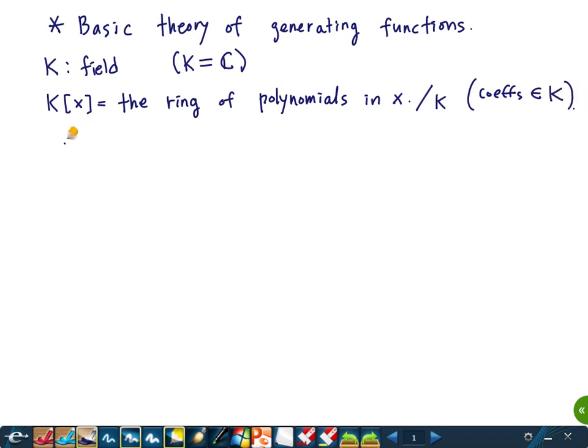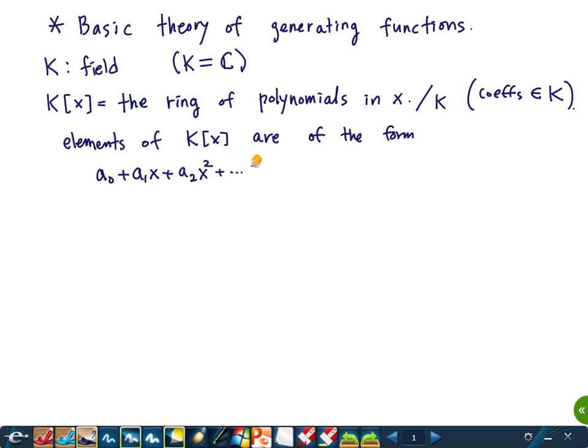So, for example, elements of K bracket X are of the form a0 plus a1 x plus a2 x squared plus ... plus an x to the n, where each ai is in the field K. So this is a polynomial in X, and we say the degree is n.